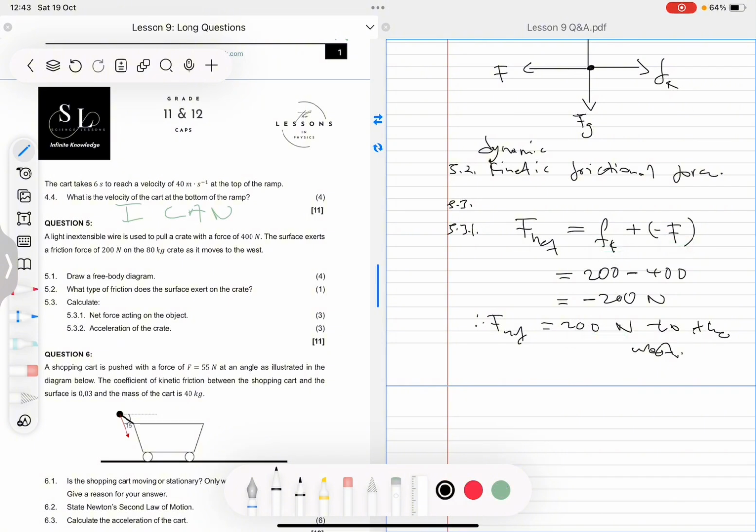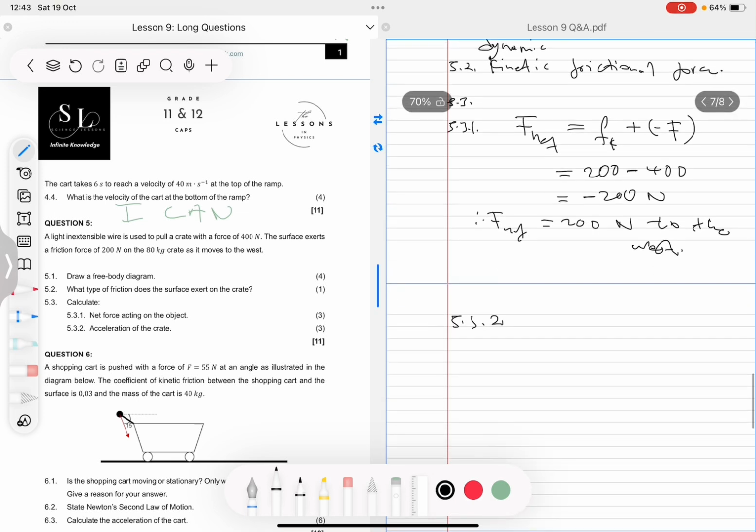Now the last question says calculate the acceleration of the crate. To get the acceleration, I'm going to use Newton's second law, where we know that the net force is negative 200 newtons and this object is 80 kg multiplied by the acceleration that we're looking for.